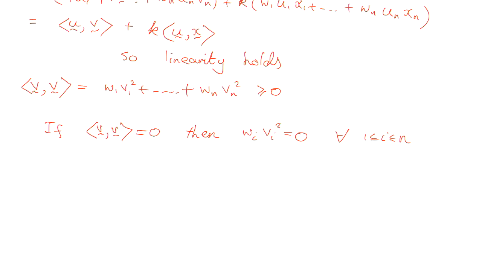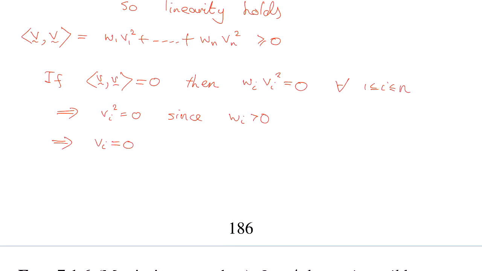The w's themselves don't vanish, so it's got to be the vi squareds that vanish. All right? And the only thing that squares to 0 is 0. That holds for all i, so v is the 0 vector. So positive definiteness holds.